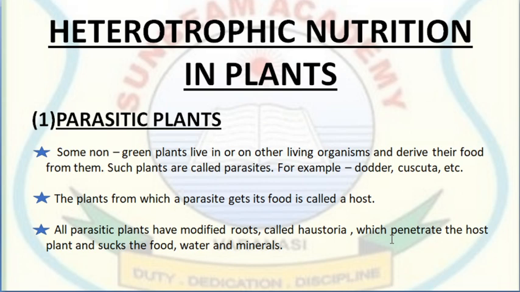Some plants like the mistletoe plant, which grows on trees such as mango tree or mahua tree, have green leaves and can synthesize their food. They take water and minerals from the host plant only, and that is why they are known as partial parasites.